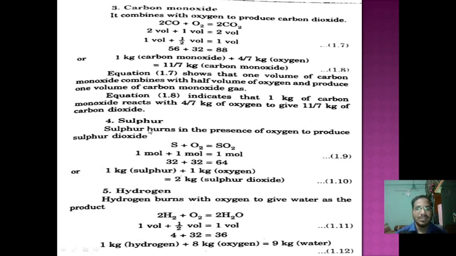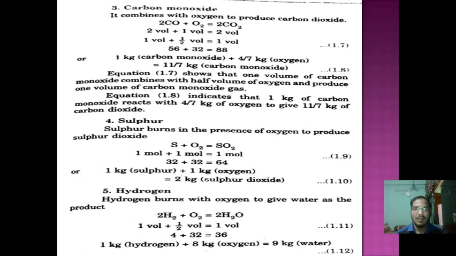Next, the sulfur is there. Here we are using the air fuel mixture: sulfur burns in the presence of oxygen to produce sulfur dioxide. In that air fuel mixture, sulfur plus oxygen. One thing to notice: in every reaction there must be oxygen, air is there.